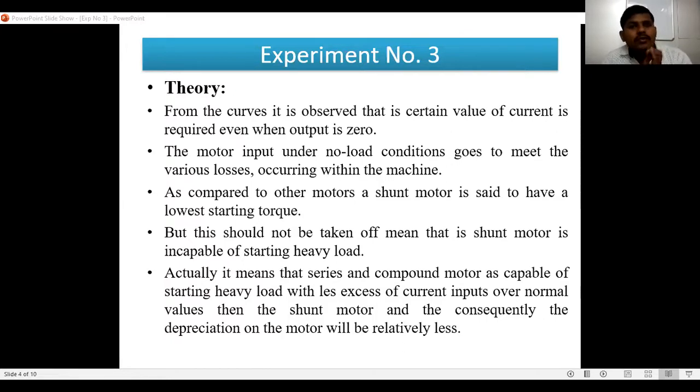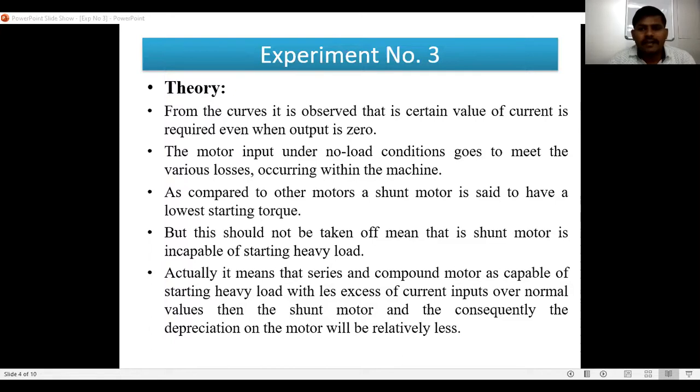But also motor will take some of the current from the supply at no load condition. Upon no load condition ला motor run केली होती, it will take some of the current. So this current is due to overcoming the no load losses. No load losses जे आहेत ते overcome करण्यासाठी, that means no load losses त्याच्यामध्ये कोणते कोणते losses असतात?